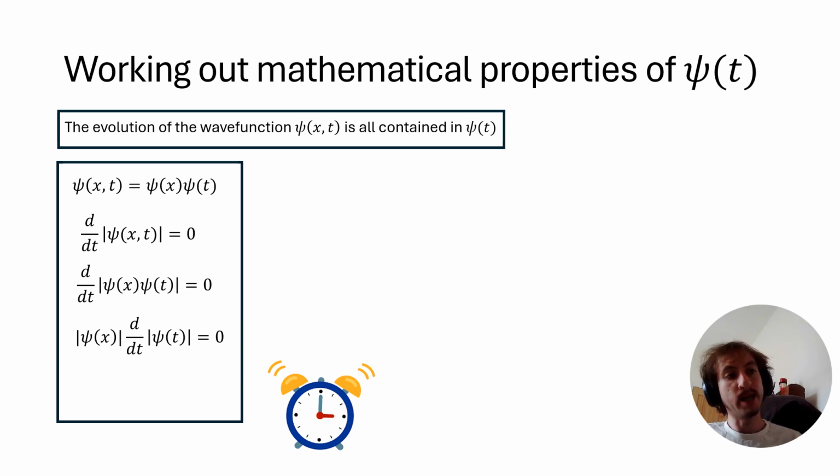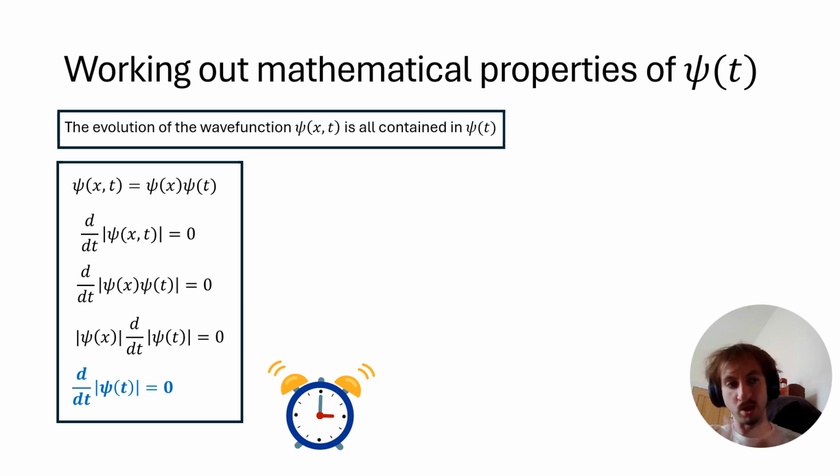And now if we think about possible solutions, just dividing both sides by the magnitude of psi of x, we get that the time derivative of the magnitude of psi of t is 0. Now, you might think a very simple solution for psi of t that will satisfy this equation, this idea that the magnitude of psi of t cannot change with time, would be if psi of t was just 0. Because clearly the time derivative of 0 would be 0.